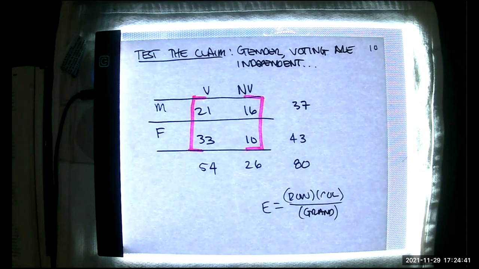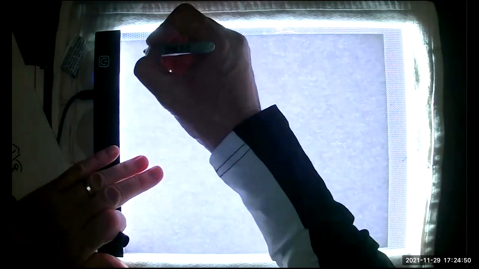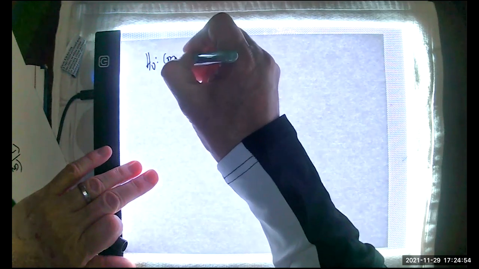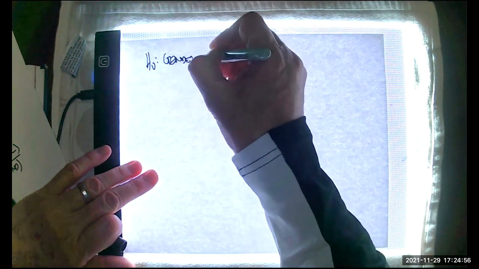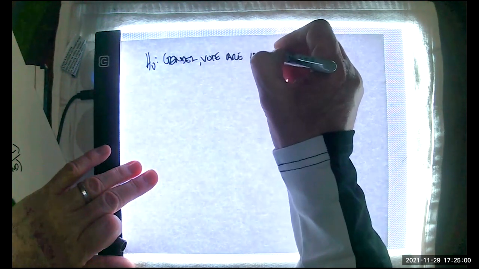So we're going to test that claim. And let me go ahead and get started. So H naught: gender and vote are independent.